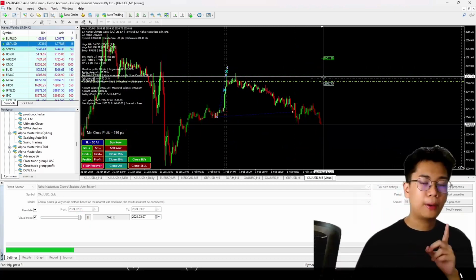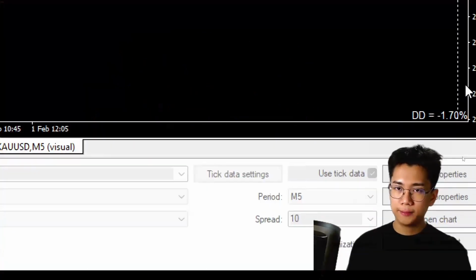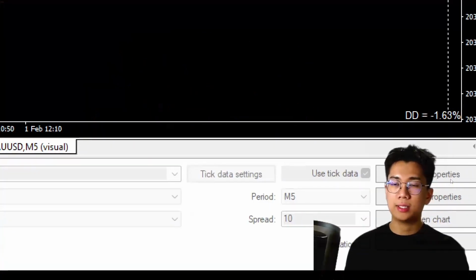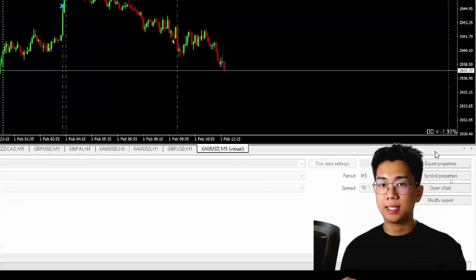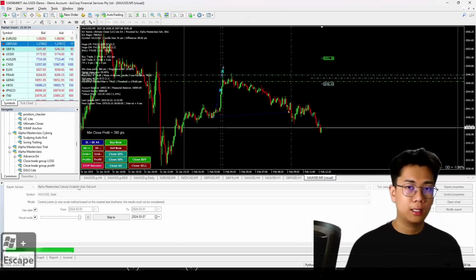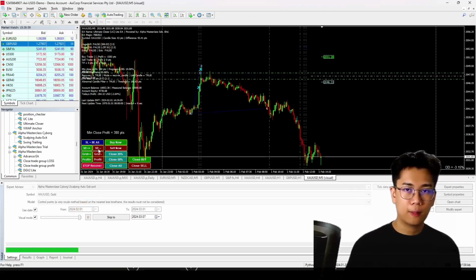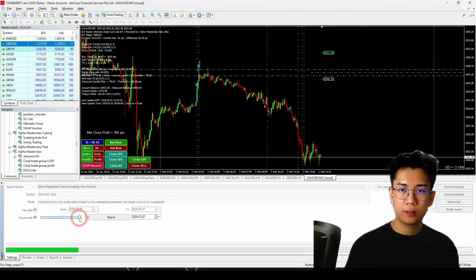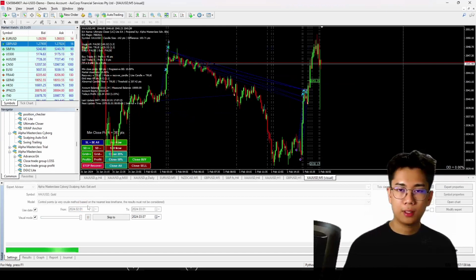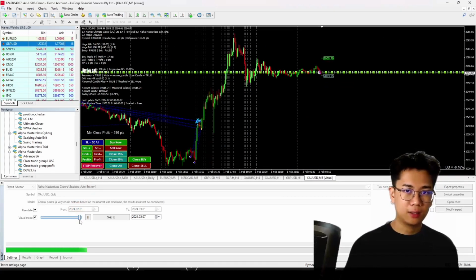And one good thing about your account is that you can have proper management, which is at the bottom here. Your account is down by 1.7%, 1.8%, 1.9%. Let's say that we continue to let it go down.